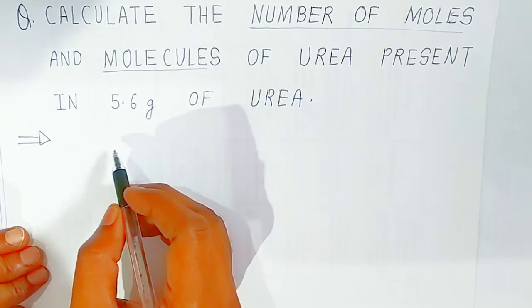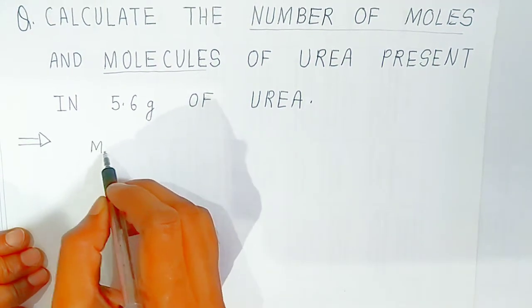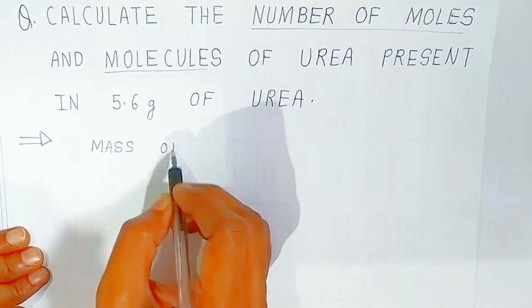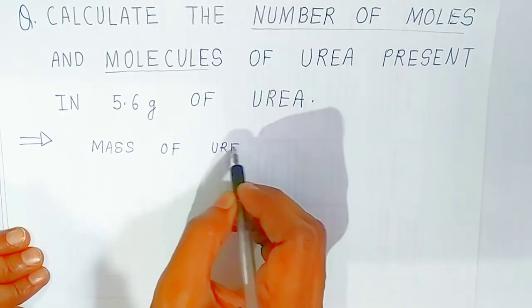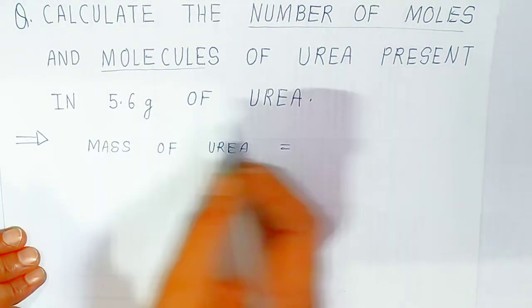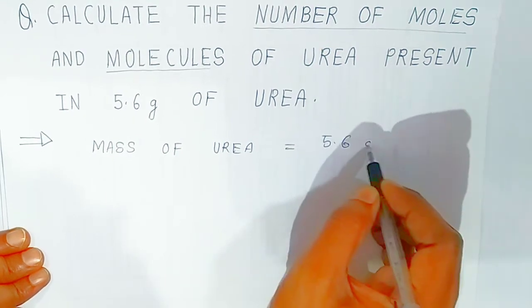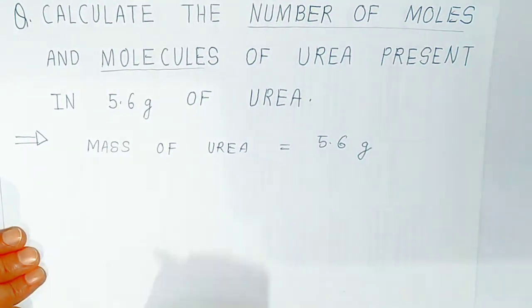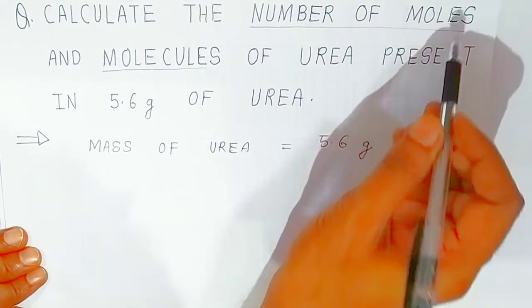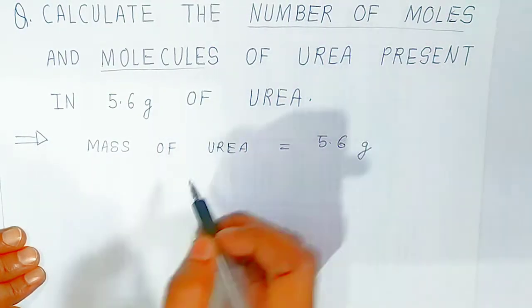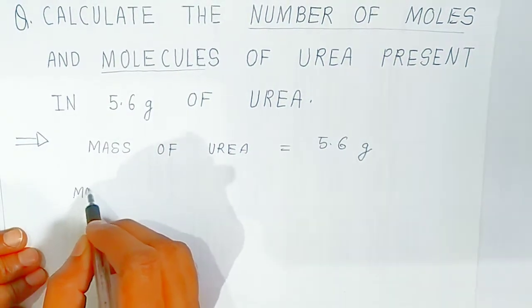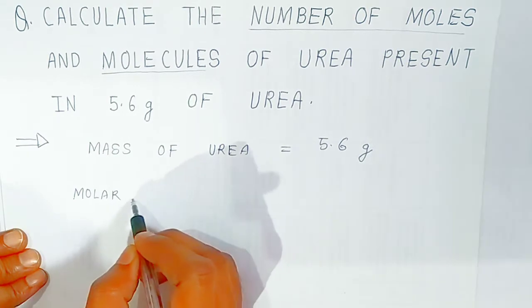First I am writing what is given: mass of urea, which we already get from the question, is 5.6 gram. Okay, students. Now, if you want to find the number of moles, you should know the molar mass of urea.